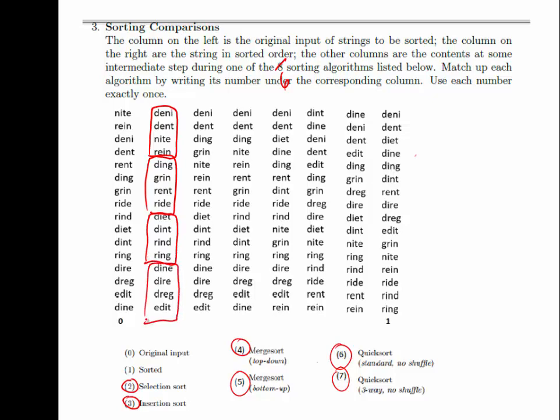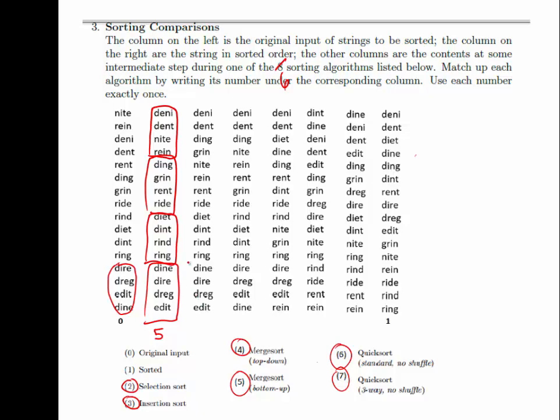They've been sorted. So we have the groups of 4 sorted, which sounds like the bottom-up merge sort. So I'm going to write 5 here. Now notice those groups of 4 are the same group. These are the original things, and then they have been put into the right place. So that's how the bottom-up merge sort works.